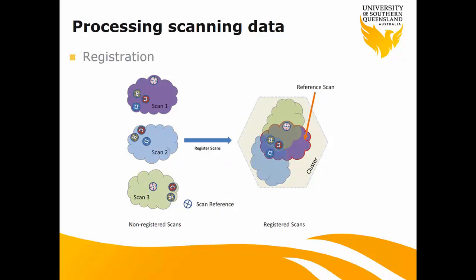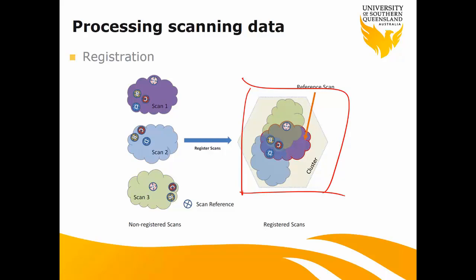This figure shows the registration process. We have 3 scan stations, and we use some common targets A, B, C, D. Through registration, we can combine the scanning data together from the 3 scan stations. But after registration, they are just combined in a local coordinate system. What's the local coordinate system?